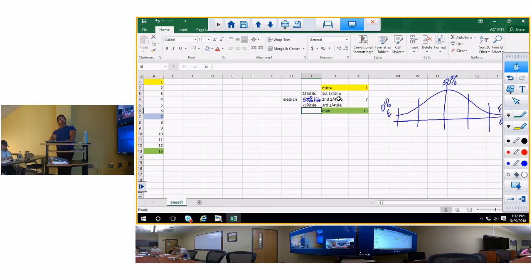Now how do I find this one right here? Well, this one right here, I told you, this one is the what? It's the median, so it's right here. Somebody count, how many numbers are above 7? 1, 2, 3, 4, 5, 6. So that means I've got to take the what of those two numbers right there?